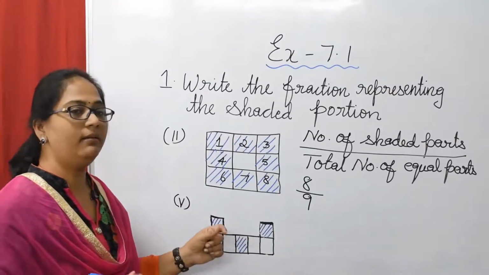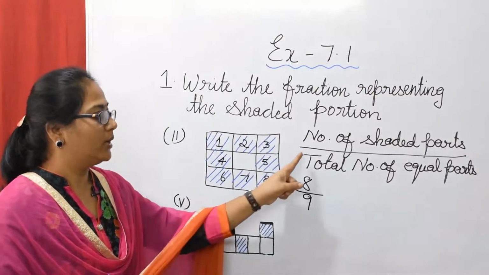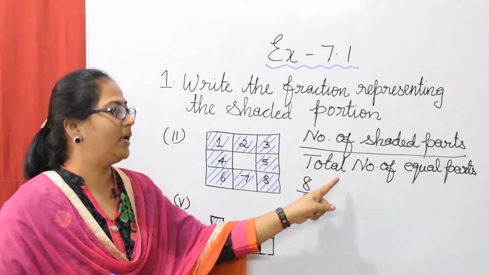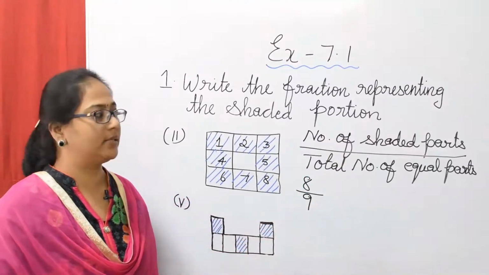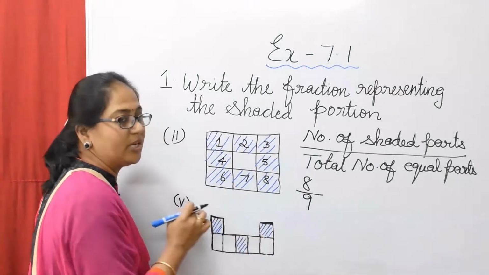Now let us see question number 5. Again we apply the same concept: number of shaded parts by total number of equal parts. There are 1, 2, 3 shaded parts.